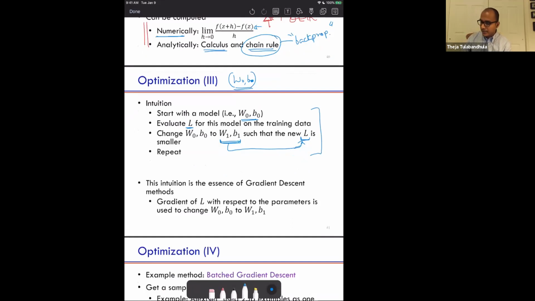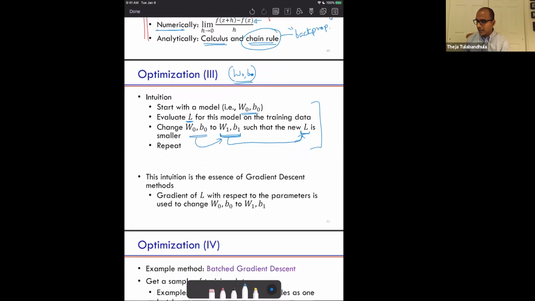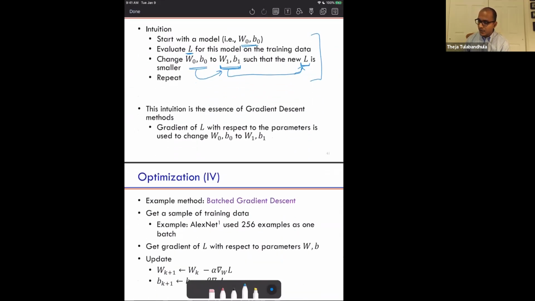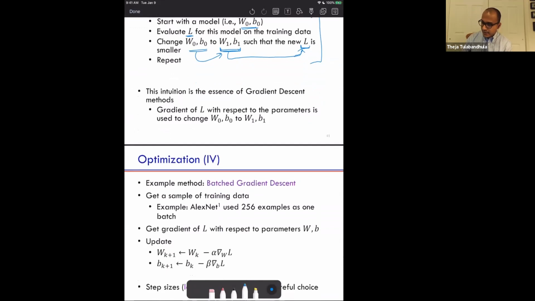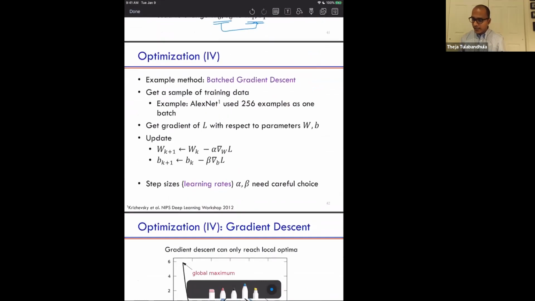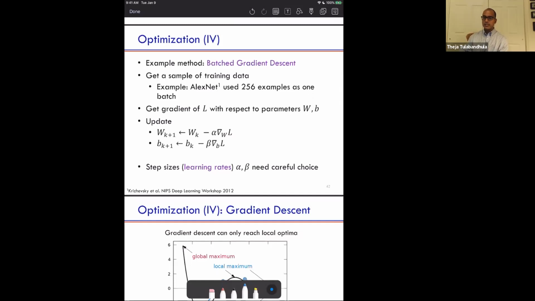All I need to specify now is how you go from W naught, B naught to W1, B1, and as I said, the gradient of L with respect to the parameters is what lets us go from W naught to W1.